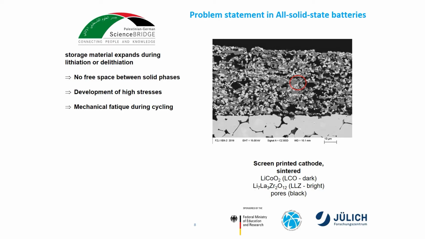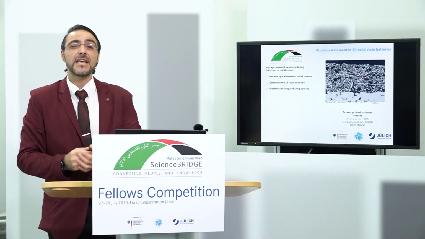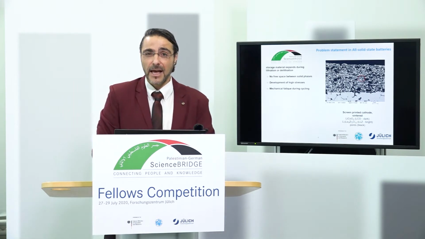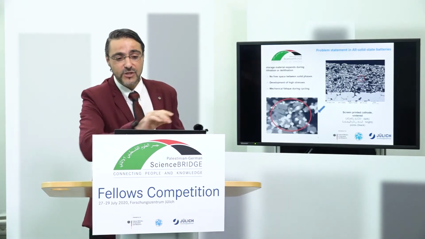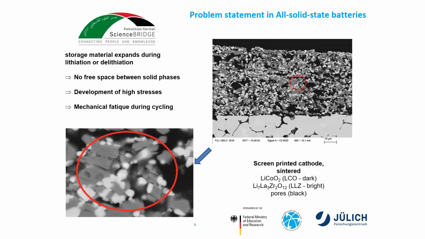Look at this microstructure here. We have a cycled and sintered material, which consists of lithium cobalt oxide, as you can see, in the dark places, and LLZ in the bright places, and the pores as black. But if we zoom in very well, you can see cracks over there in the lithium cobalt oxide.